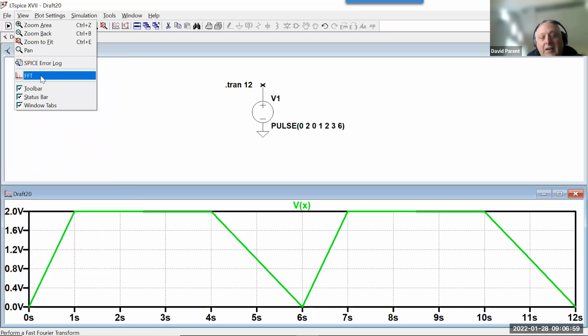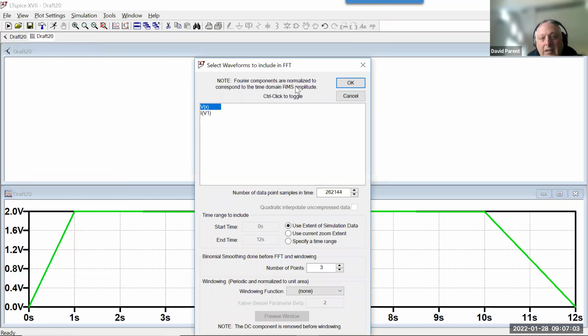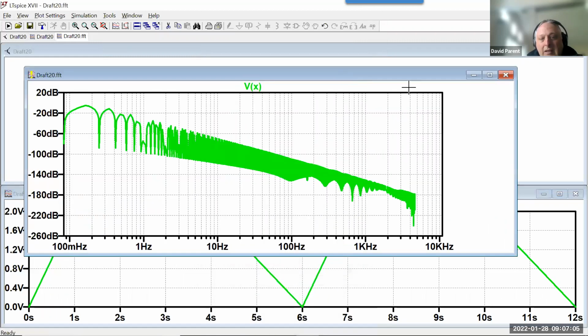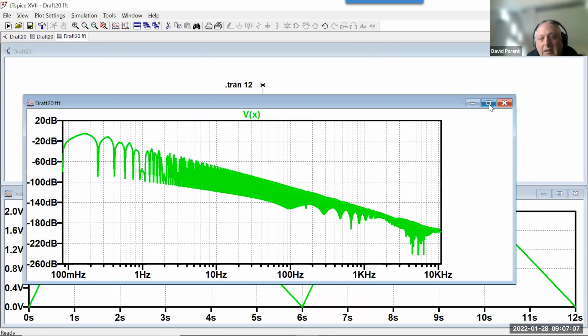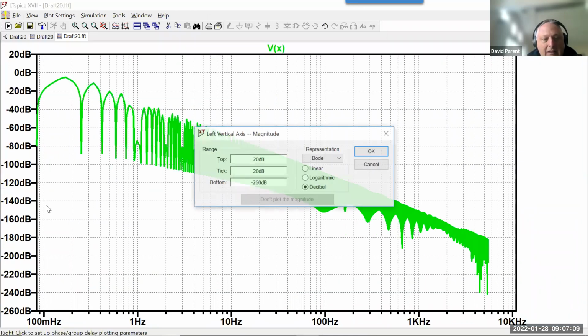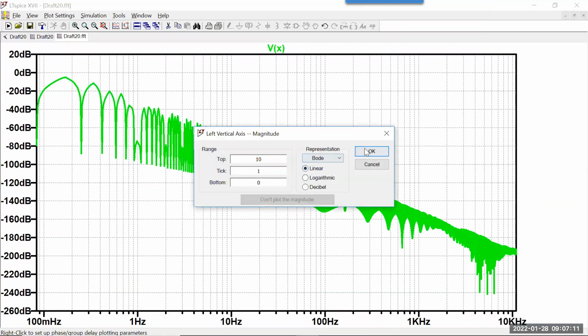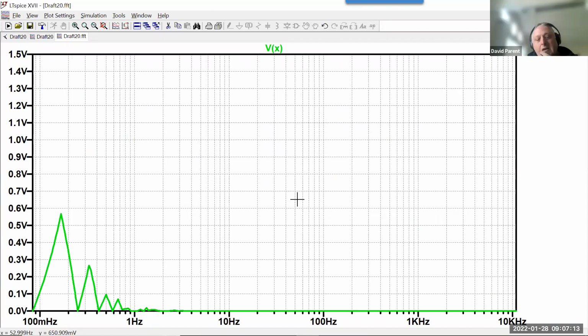There's something called the fast Fourier transform. Okay. So each one of these peaks is a sine wave or cosine with a phase.